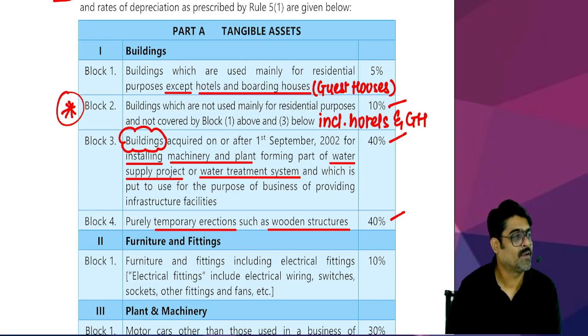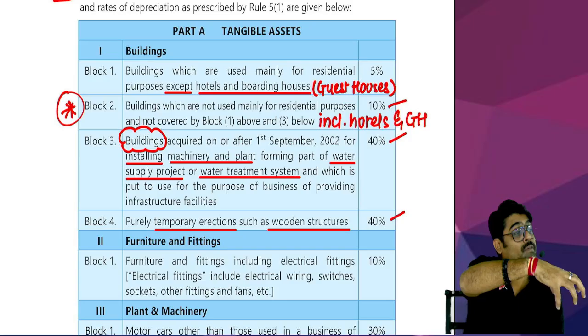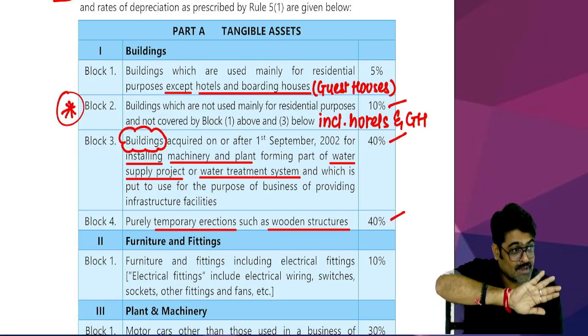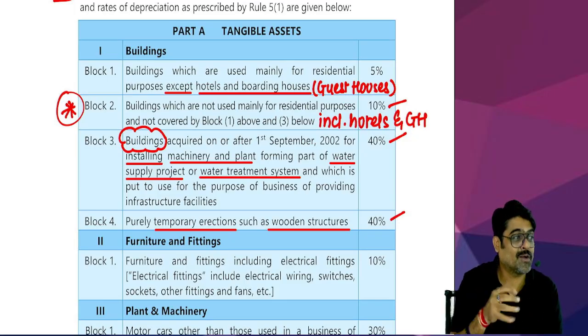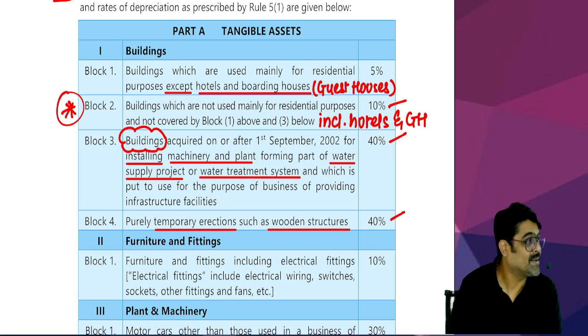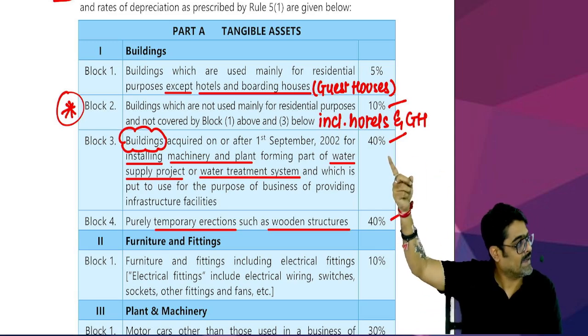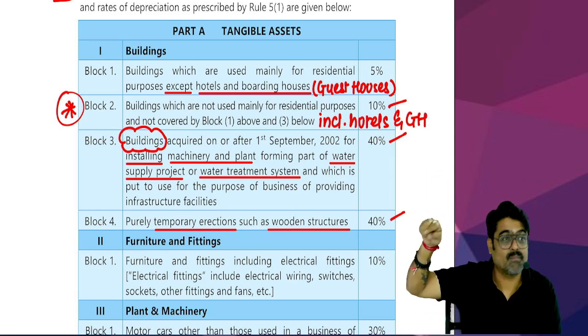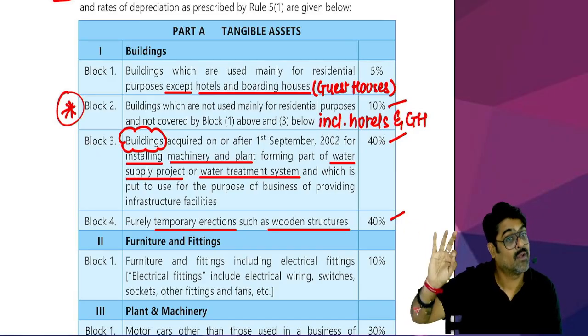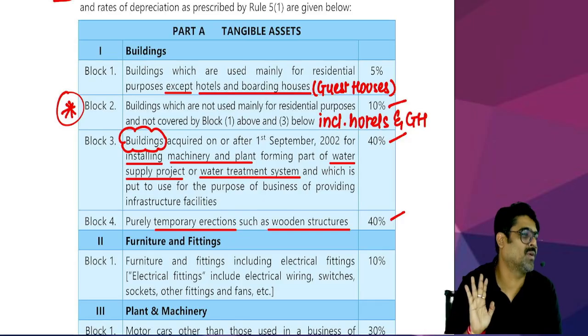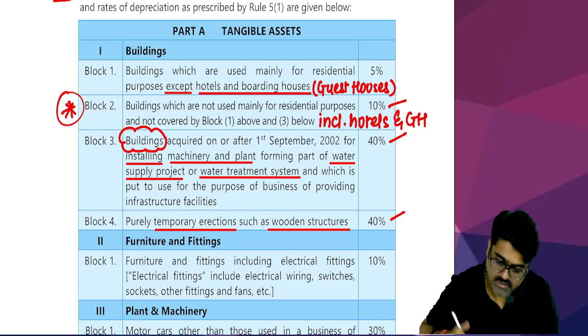Out of that, you will have to find out the cost of land and exclude it, because land is not a depreciable asset. Cost of land cannot be claimed as depreciation. That will go to capital gain head. So here under the block of building, only the cost of building you are supposed to bring.